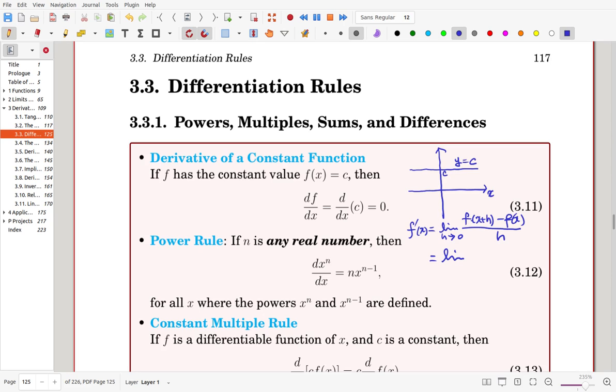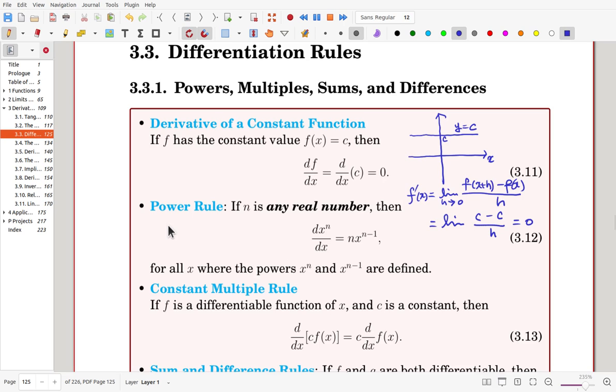Now f itself is always c, so the first term is c and the second term in the numerator will be again c, divided by h. Because the top is 0, the limit must be 0. So algebraically, we can also prove that the derivative of a constant function is 0.